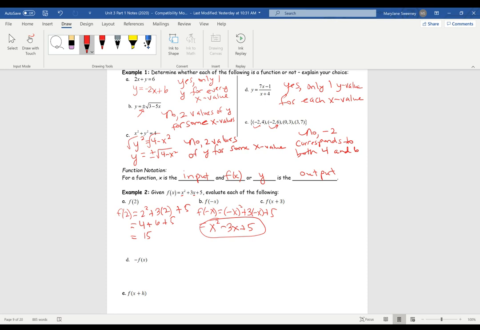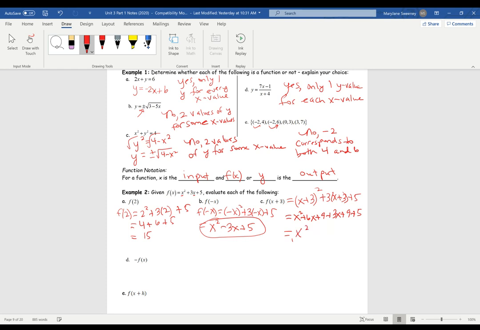Negative squared is a positive. This one means put an x plus 3 in everywhere you see an x. So it'll be x plus 3 squared plus 3 times x plus 3 plus 5. X squared plus 6x plus 9 plus 3x plus 9 plus 5. Just distributing.